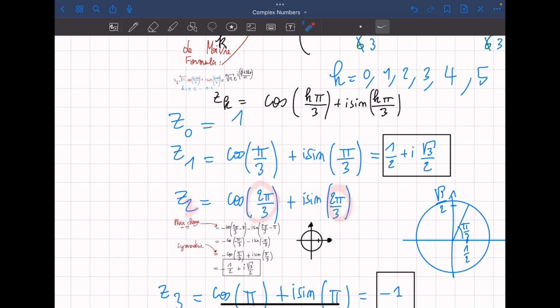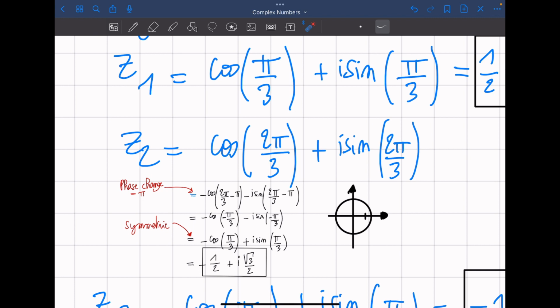And then we use, again, the same method. Phase change, and then the symmetry. So for the phase change, we do minus pi. Then we get something almost known. We just have to use the symmetry that cos of minus x is equal to cos x. One thing, don't forget when you do a phase change with minus pi to put a minus before cos and a minus before sine.